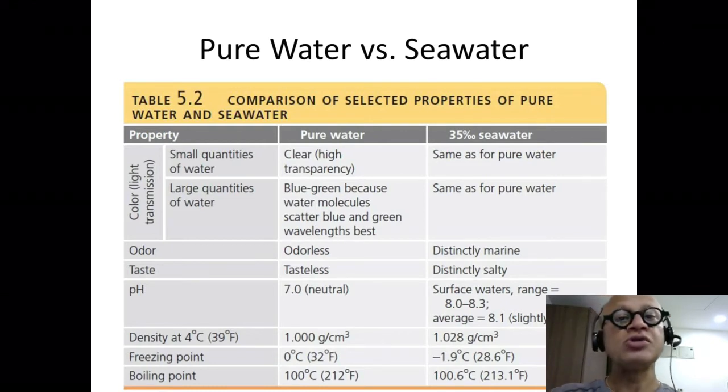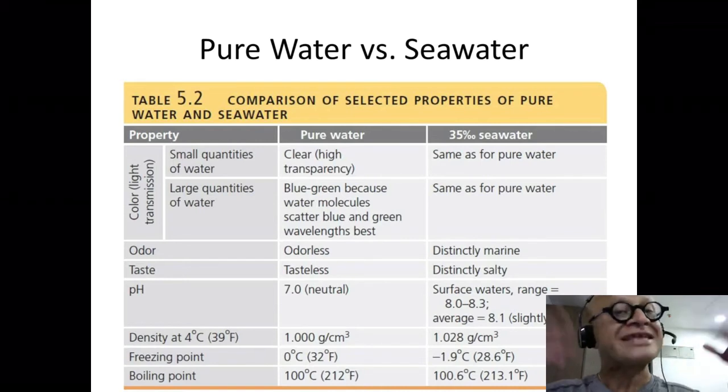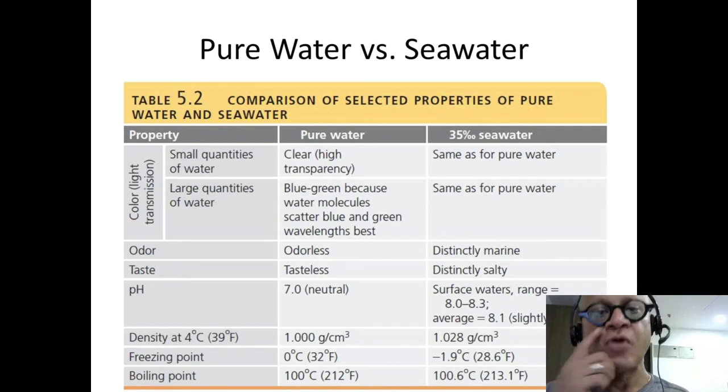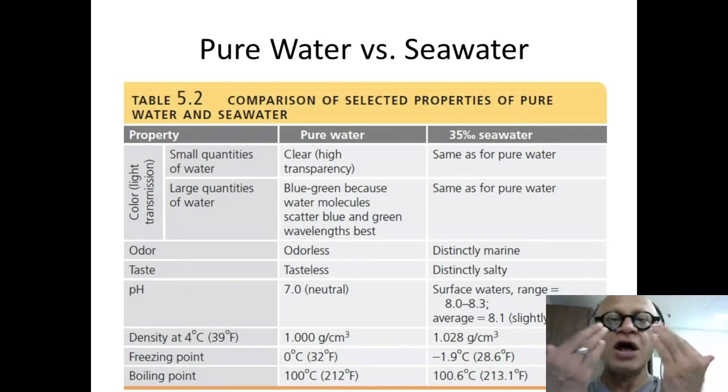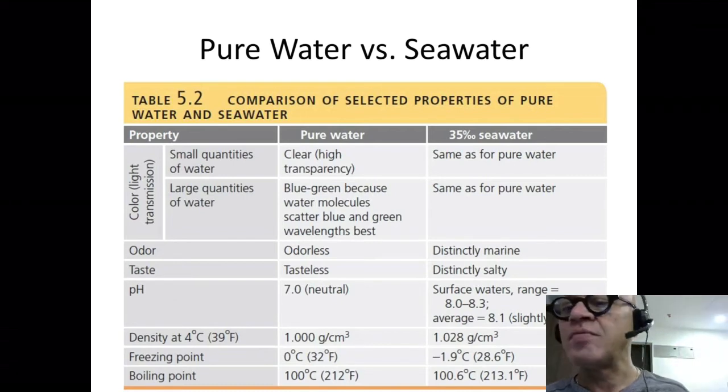You know the ocean looks blue, or if the lake is very big, it also looks blue-green, because the water molecules scatter the light that's falling into the water body, preferably at those wavelengths. So what hits your eye is what you see as the color. So both of them are similar in color.